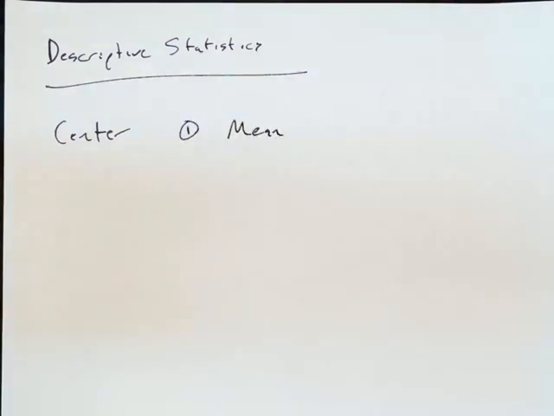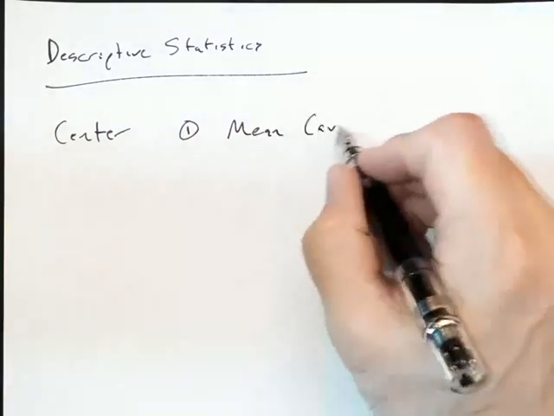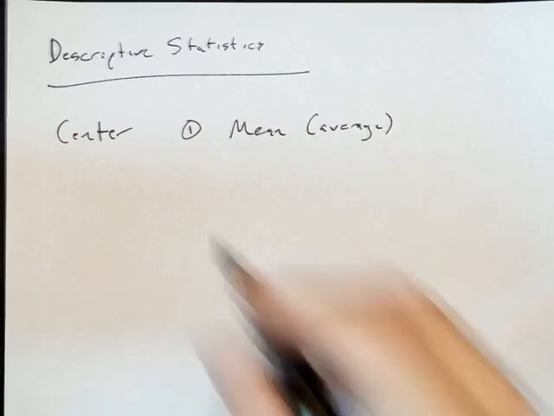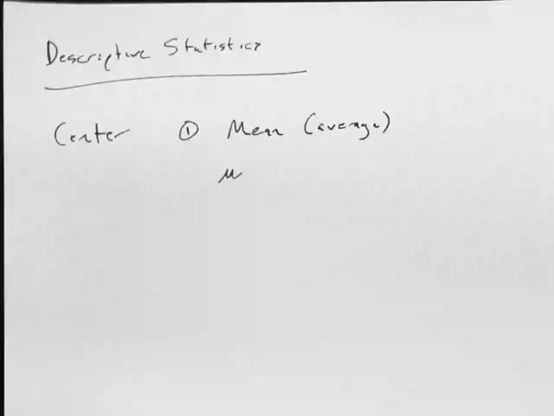The first measure of center is the mean. Mean here is an average. If I'm talking about a parameter, that means I'm talking about a population.